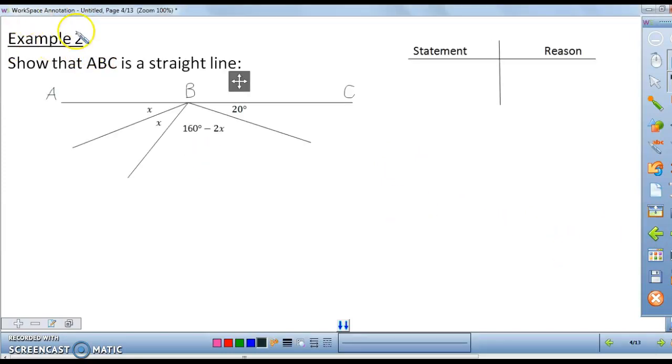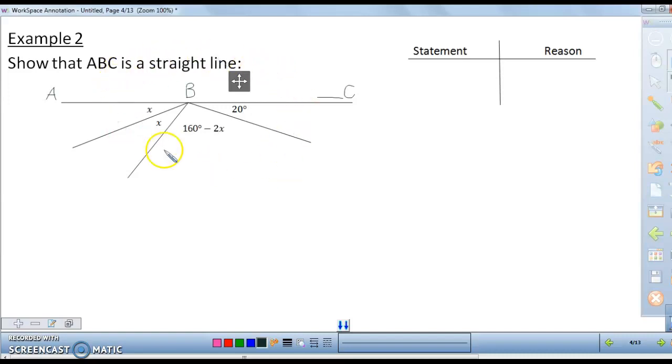Example 2, you have to show that ABC is a straight line. So there is ABC, and you have to show that it's a straight line. What do we know about a straight line? We know that a straight line is also a straight angle, and it is equal to 180 degrees.